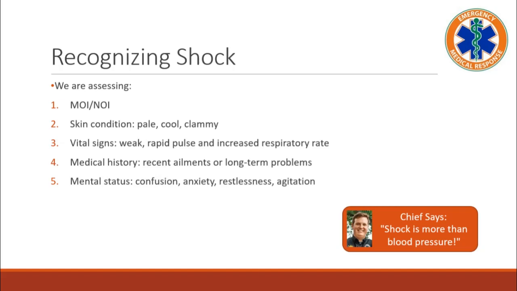And then another one we need to look at is mental status: confusion, anxiety, restlessness, agitation. Don't just take these things for granted, like, oh, he got hit by a bike, of course he's going to be anxious. Think a little deeper and think, could this have a medical cause rather than just us playing it off as natural?